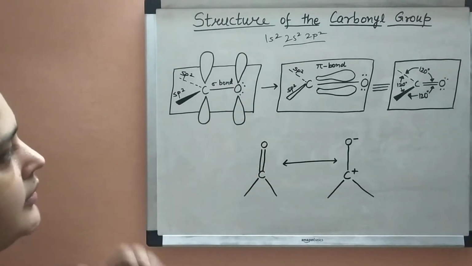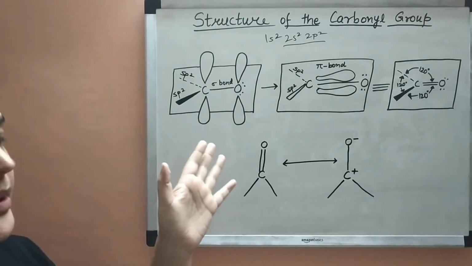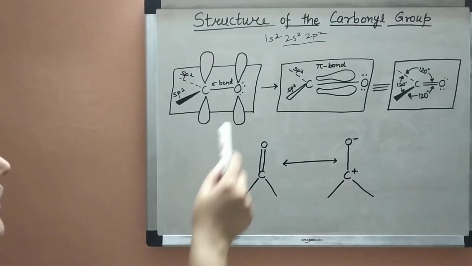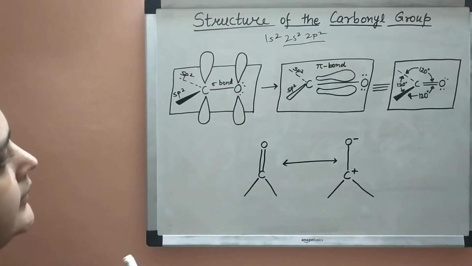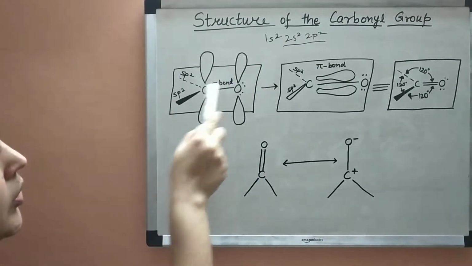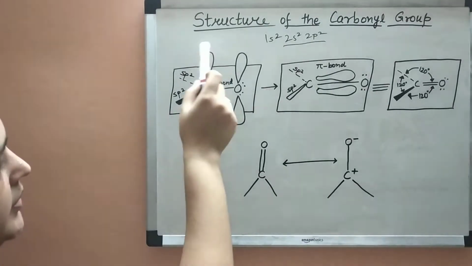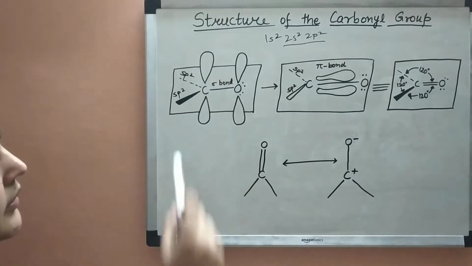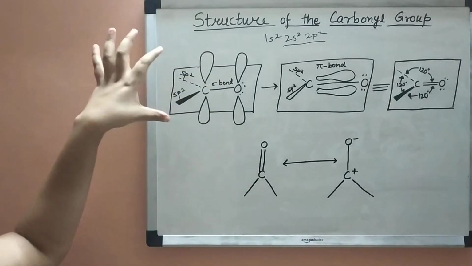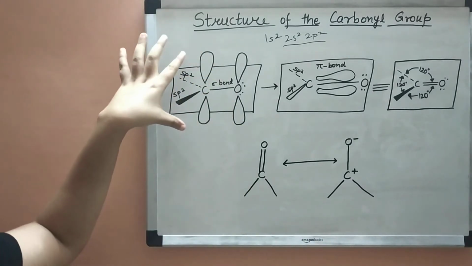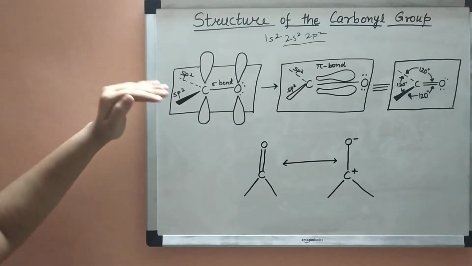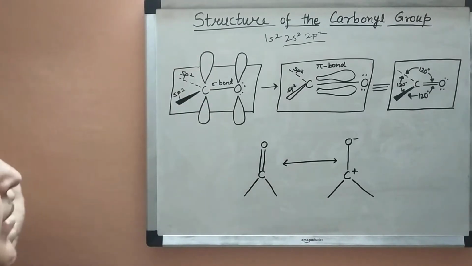Okay, so here the carbon is sp2 hybridized and this rectangular shape represents the plane of the paper. So this is the plane and the sigma bonds are in the plane, but the pi orbitals, which are made by the p orbital of carbon and oxygen, are above and below the plane.